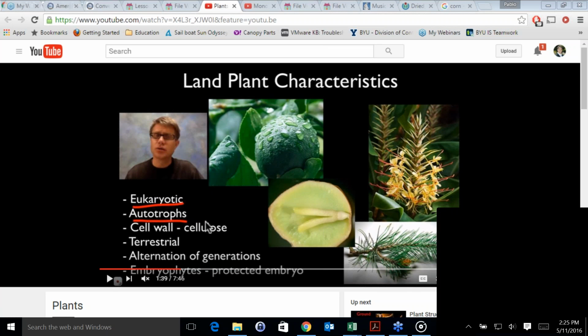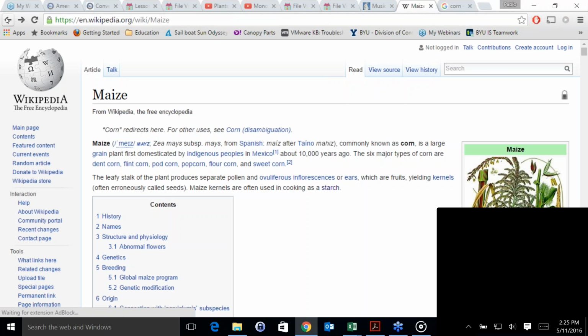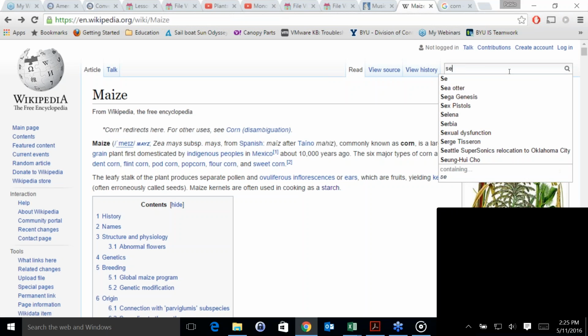Patrick is asking about seaweed. What did we learn about seaweed, and how come we don't say that those are plants? What were seaweed?